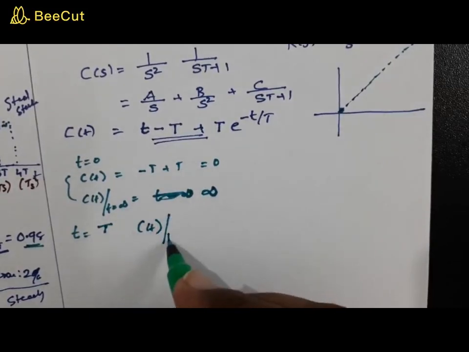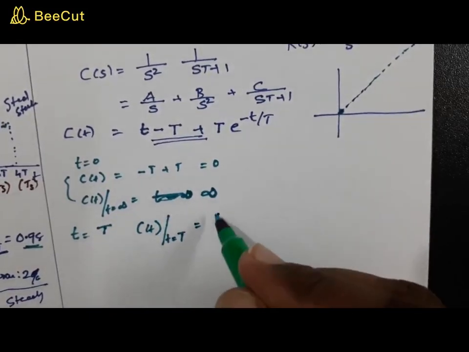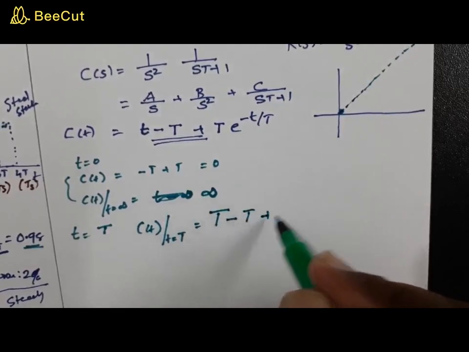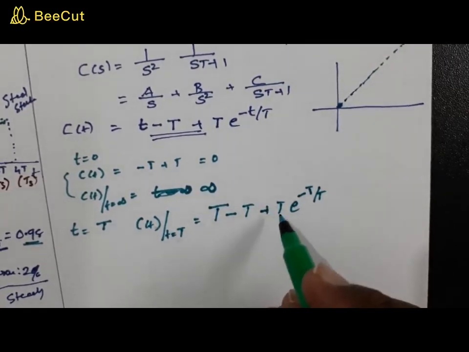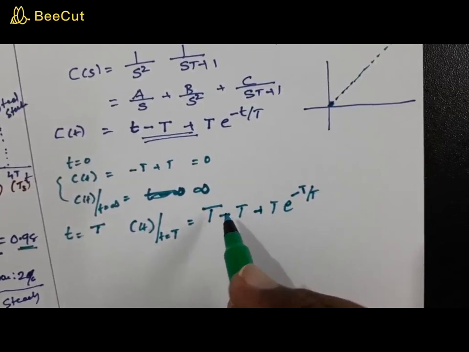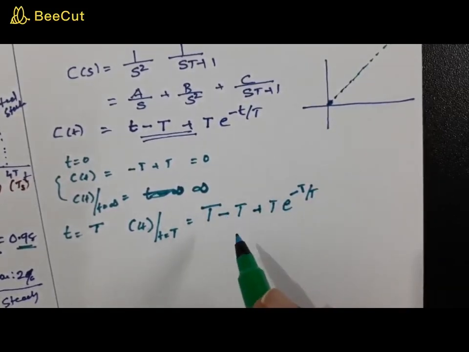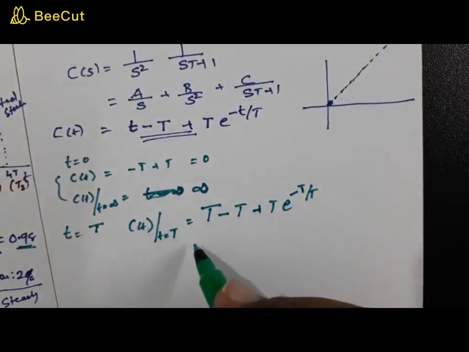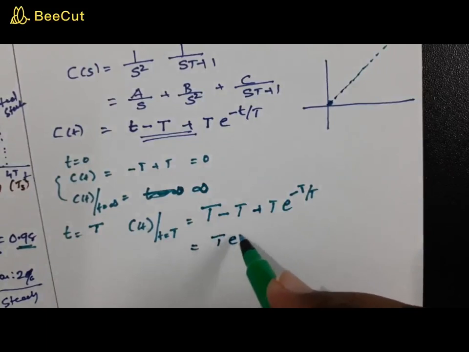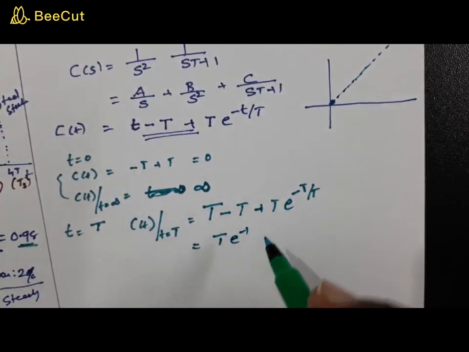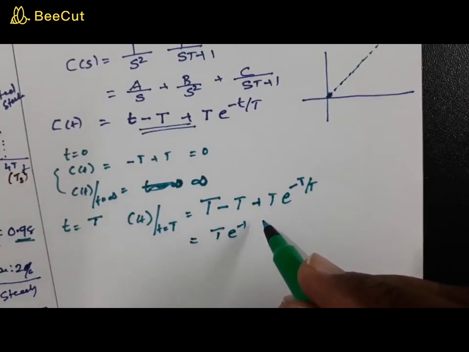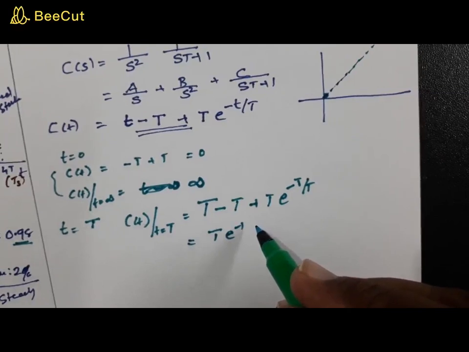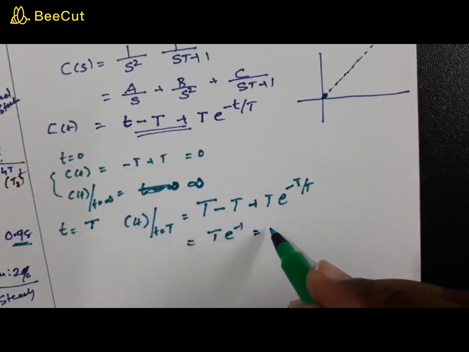Now what is c of t at t equal to capital T? Putting small t as capital T, T minus T plus T into e raised to minus T by T, right? So this becomes 0. So what you're going to get is T into e raised to minus 1, or T into 0.36, right?